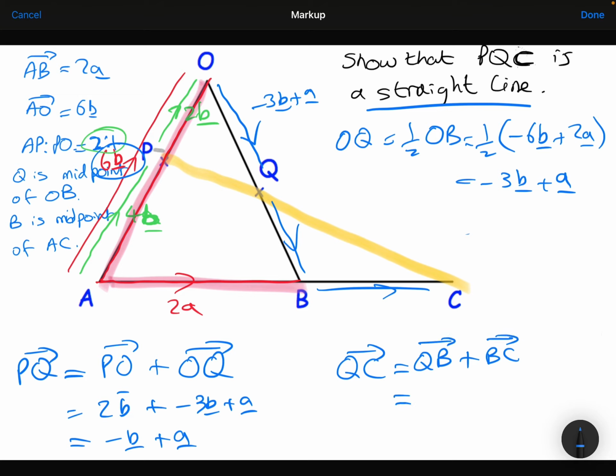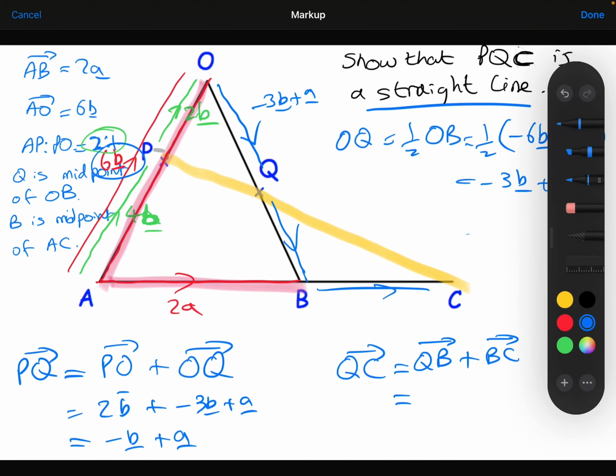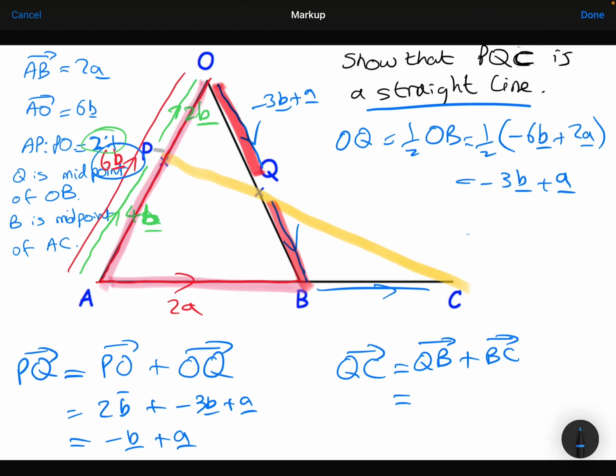Now QB, this vector here, is actually the same as vector OQ. This vector here is the same as this vector here because they're in the same direction and they're the same length because Q is the midpoint. So without any other calculation, I can just write the minus 3b plus a.